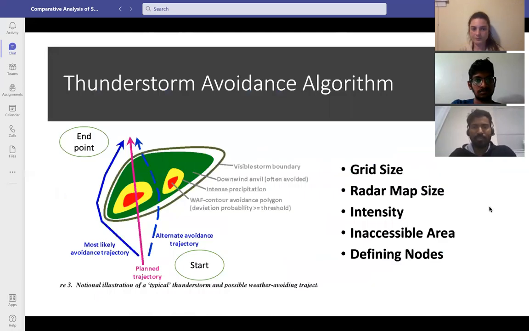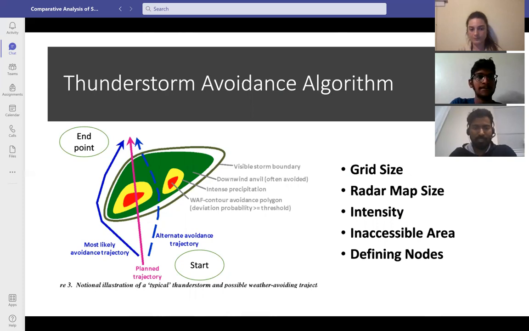Here we understand more about the thunderstorm avoidance algorithm in real time. You can look at the map and understand the trajectory of the plane and the possible paths based on the given starting node and endpoint node. They look at the grid size, and based on the grid size they analyze the actual map size given from the flight radar and the outside trajectory size.